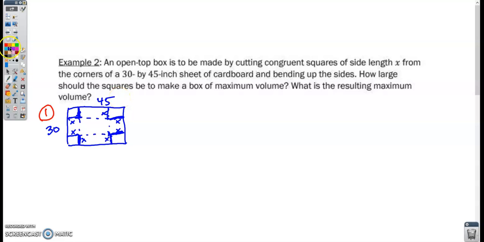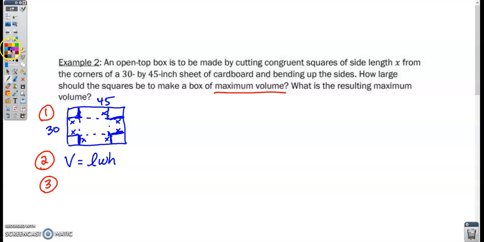So, what are we trying to maximize? We're trying to find a box of maximum volume. So the volume is equal to the length times the width times the height of the box. Okay? Now we don't have a written equation for the constraints like we did last time. What we need to figure out here is what the length, width, and height are in terms of our picture.